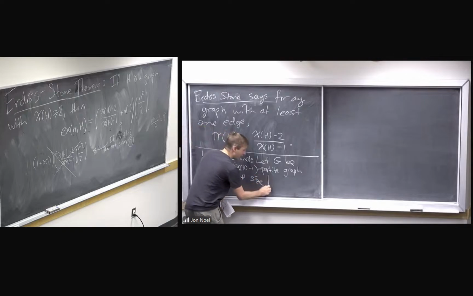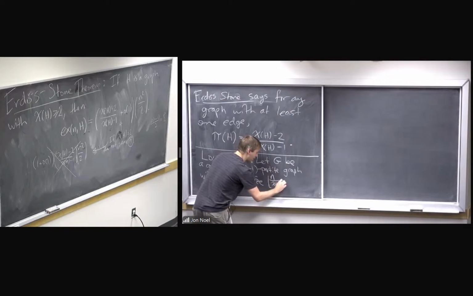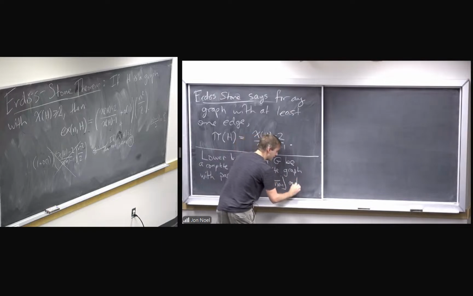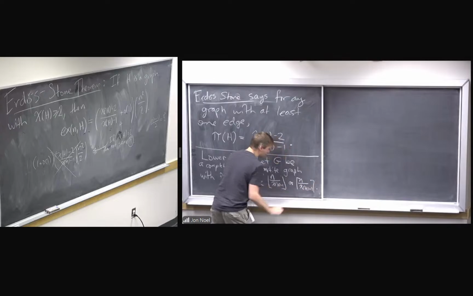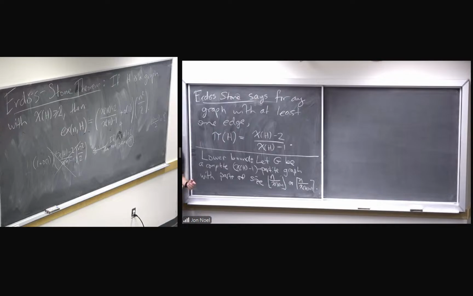So you have parts of size the floor of n over chi of H minus 1, or the ceiling of n over chi of H minus 1, where n is the number of vertices. So this graph cannot have a copy of H.